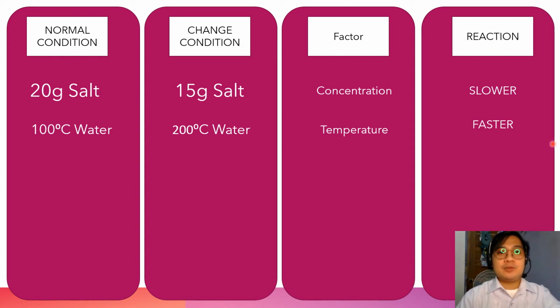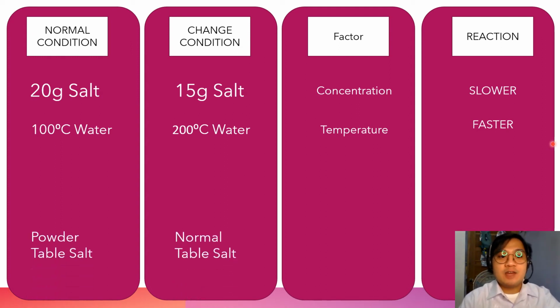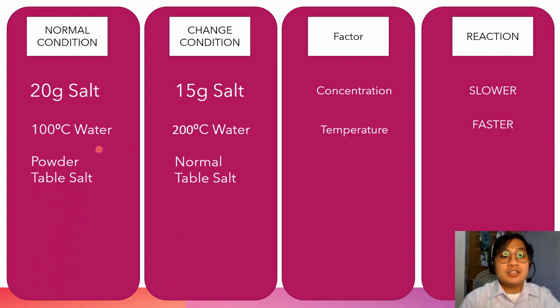Last example, or the third example, we have powdered table salt and normal table salt. This example is under the factor of surface area. What do you think is the rate of chemical reaction for this example? Okay, time's up.